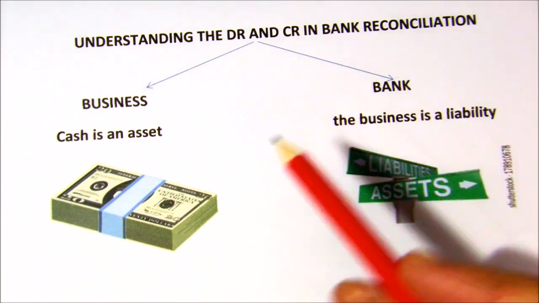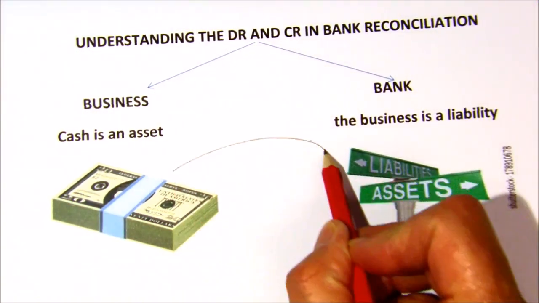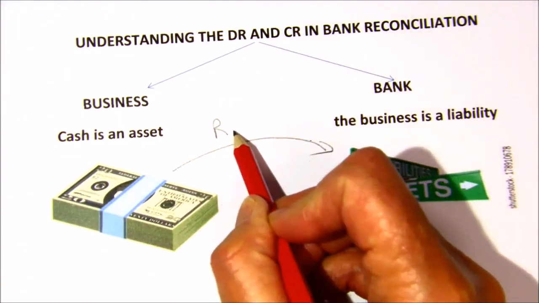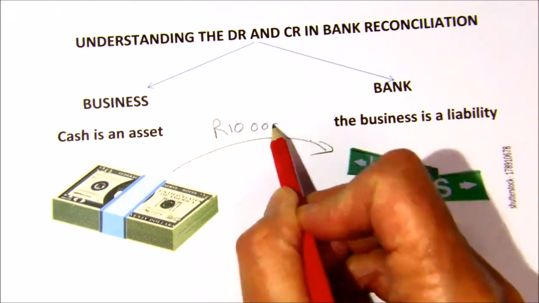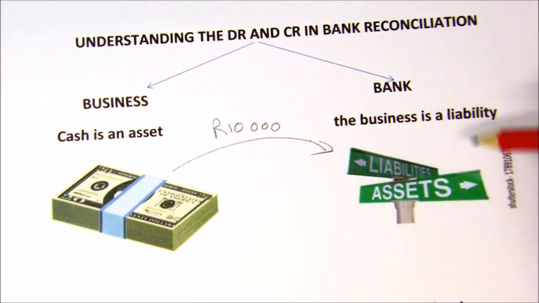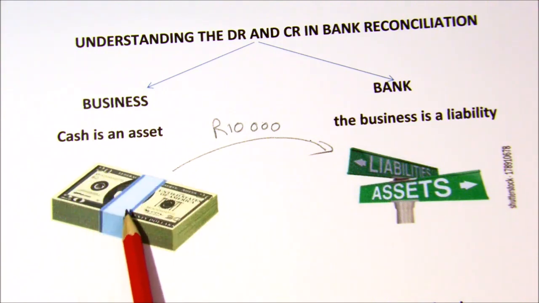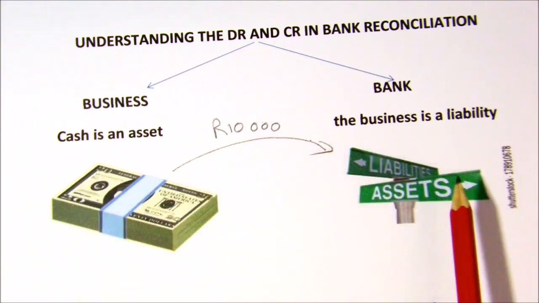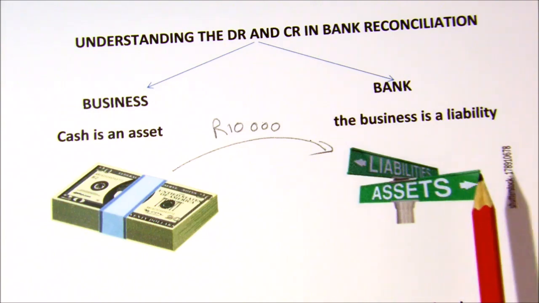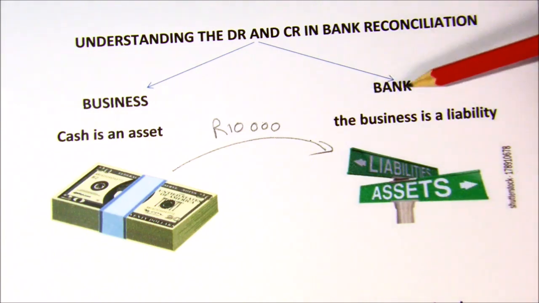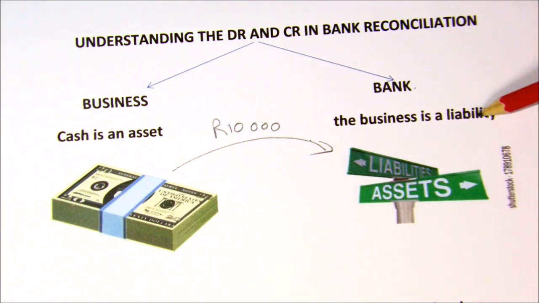So although you go and you put 10,000 into the actual physical bank, you don't actually have the money at the moment. It is in the bank, but it's still your money. So the bank has to keep records, and they are going to say that you, the business, become their liability. They owe you this money back.